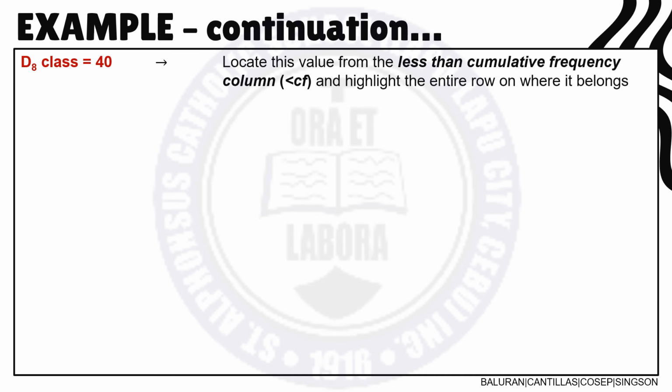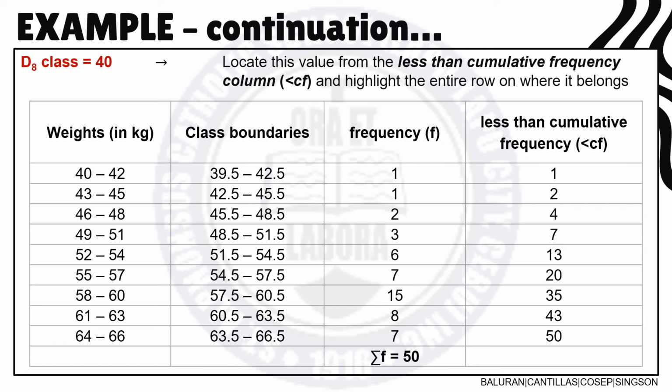We will locate this value from our less than cumulative frequency column. So since our data is all about the weights of the students, in this column, these are all students.